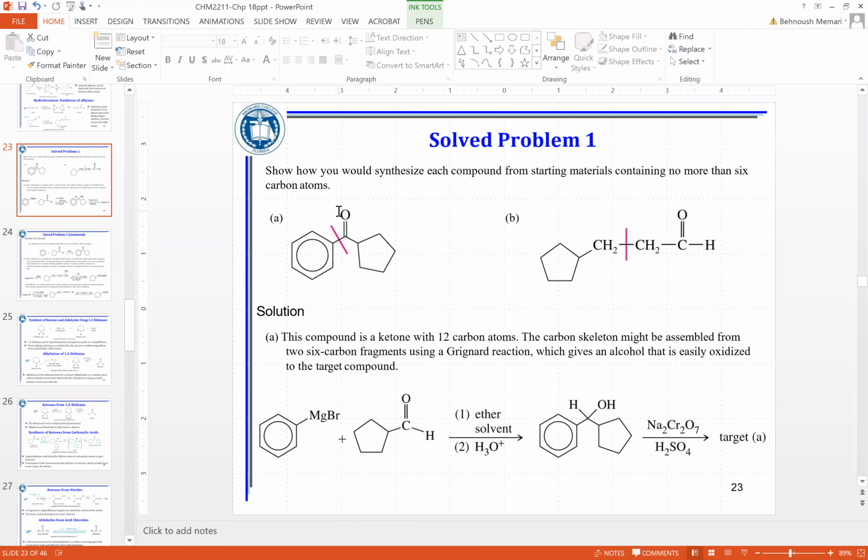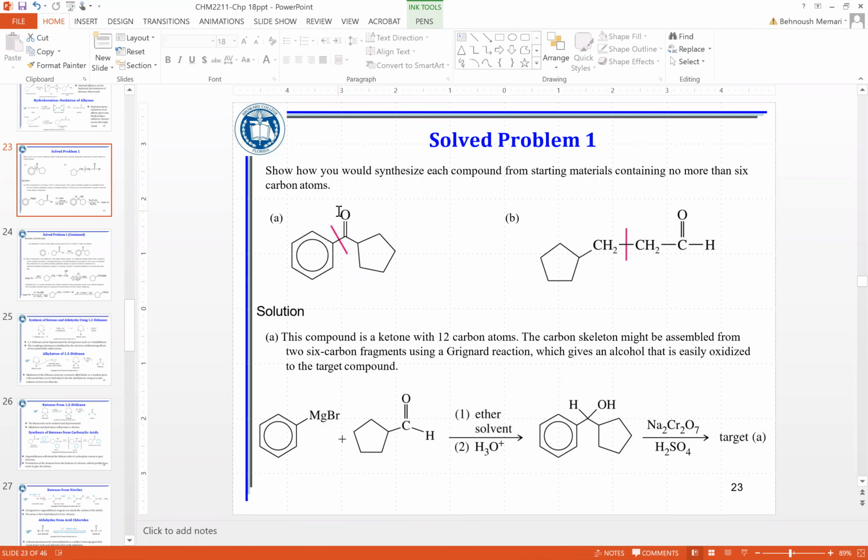No response? How can you make a ketone from a secondary alcohol? Can you change a secondary alcohol to a ketone? Can you hear me?